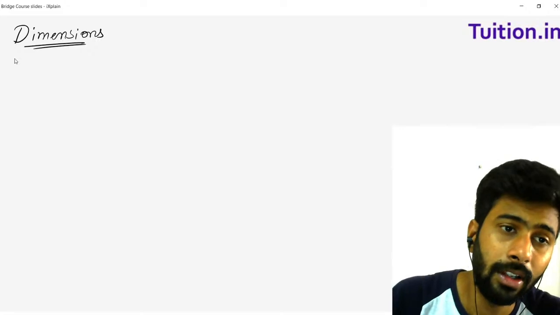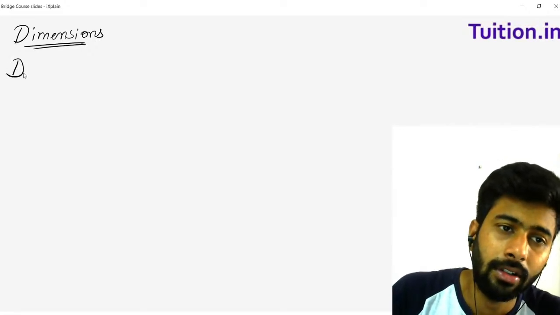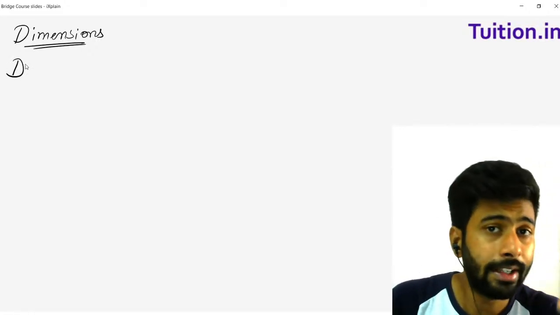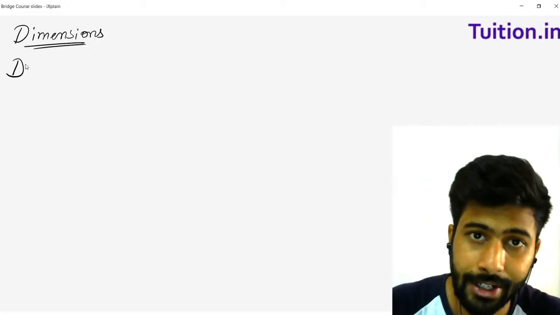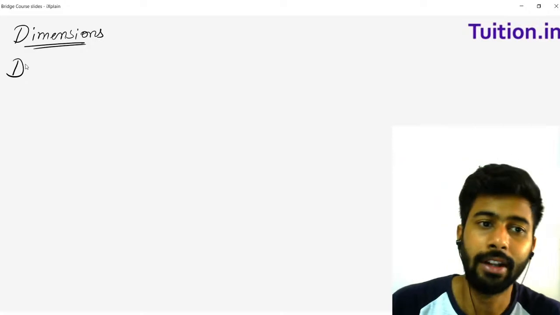So yesterday we saw what a physical quantity is, what a unit is, what SI units are, and what fundamental physical quantities are. These are the 4 things that we roughly covered yesterday.